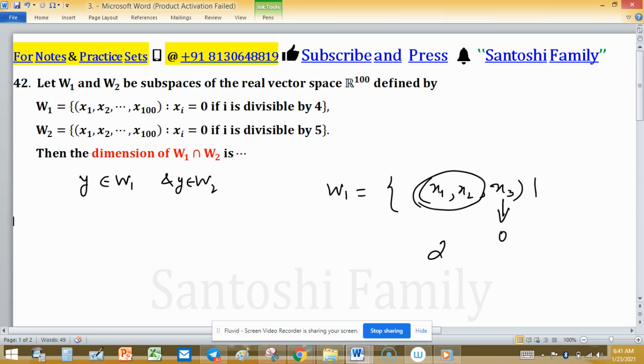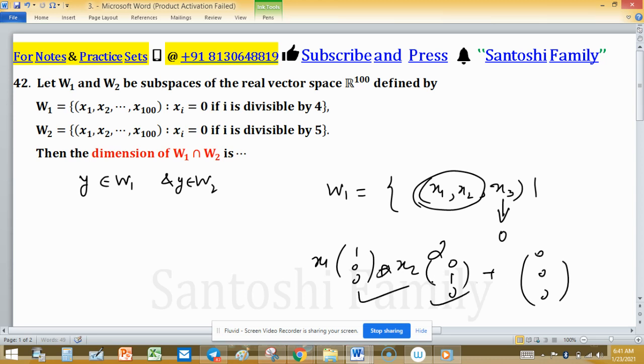That means the number of linearly independent vectors. You can take x1 as 1 0 0, x2 as 0 1 0, and x3 as 0 0 0. Only two are independent vectors, so the dimension of W1 equals 2.